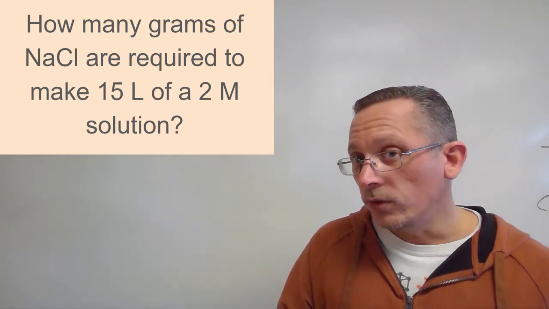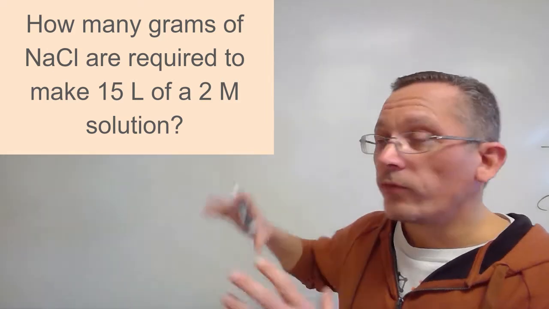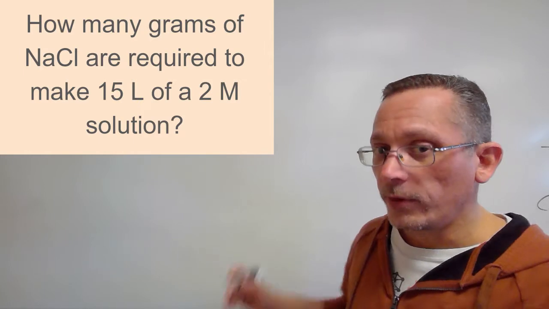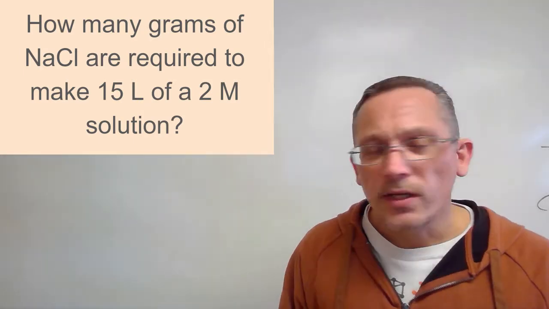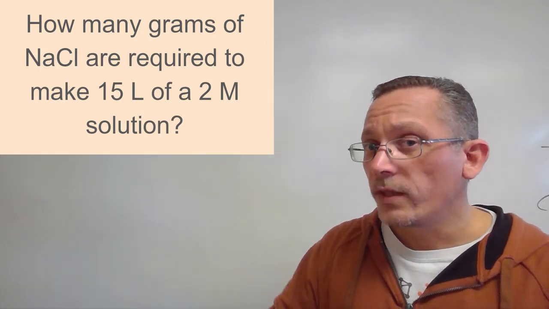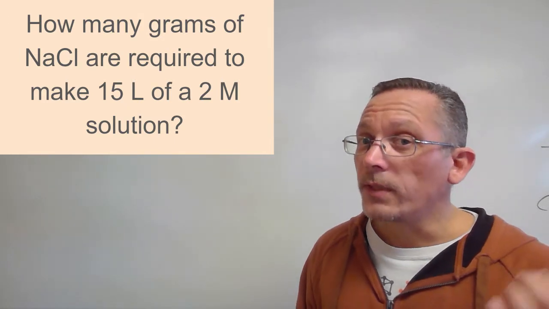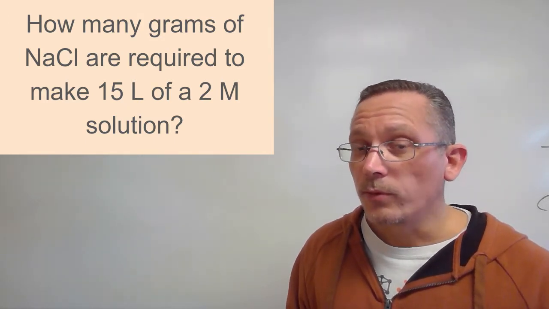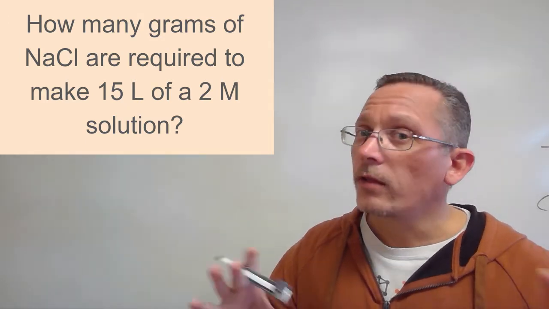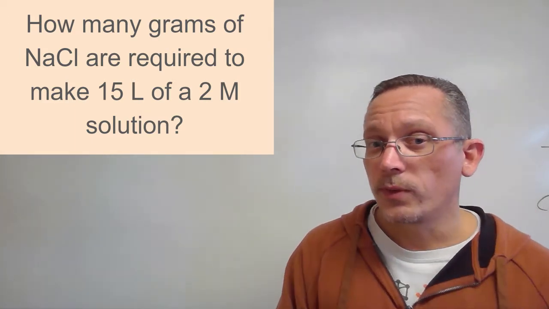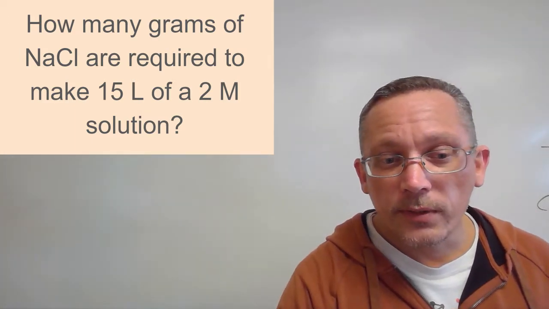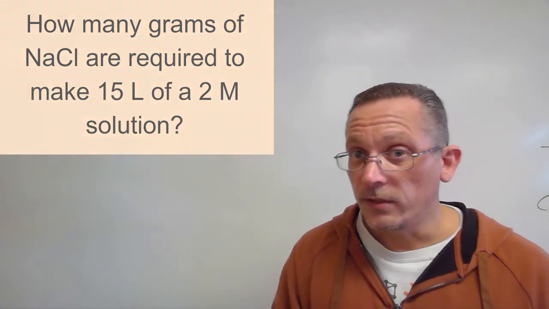This is a tool that we're going to use to set up fractions later in the problem. So you're almost never going to start with a molarity. You're going to start with something else. So if you look in the problem, you see another number that's not the molarity. That's the number you want to start with. So here we're going to start with this number, 15 liters.